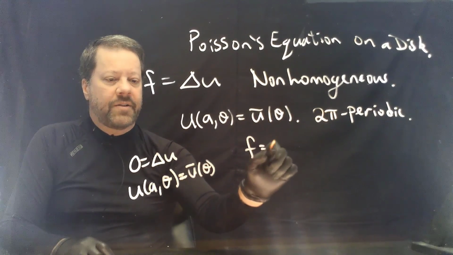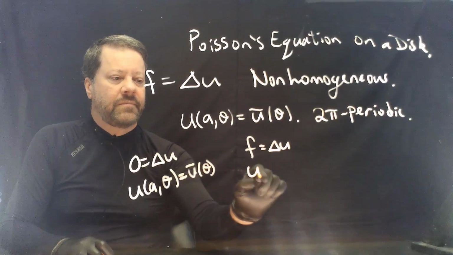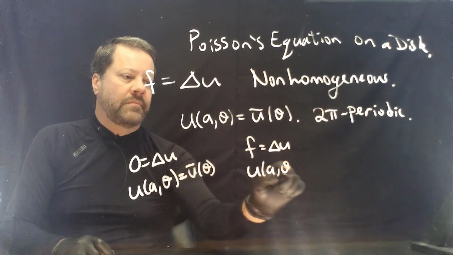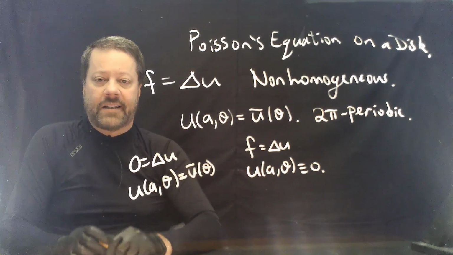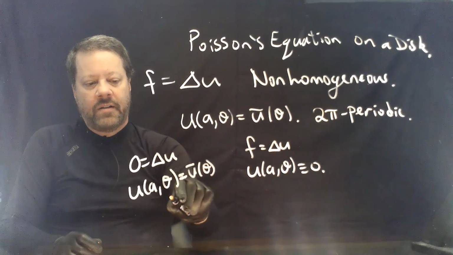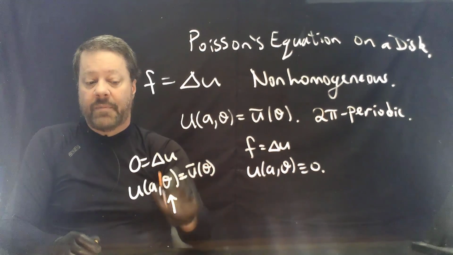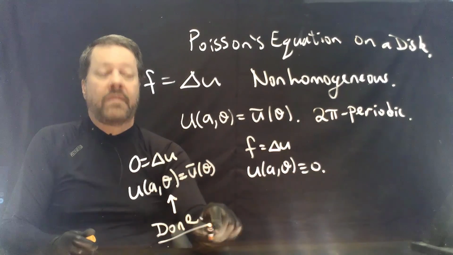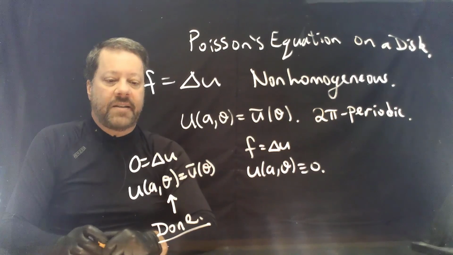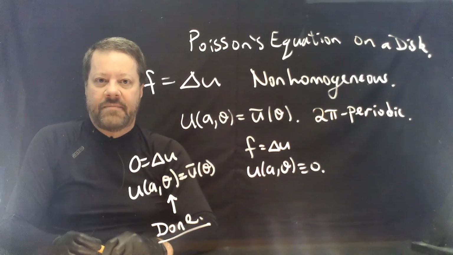For the particular solution, we'll assume that the boundary data is identically 0. For the steady state problem, this is done. We've already solved the steady state problem on a disk.